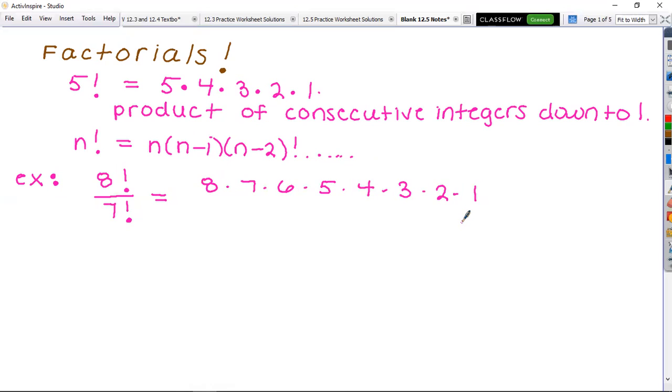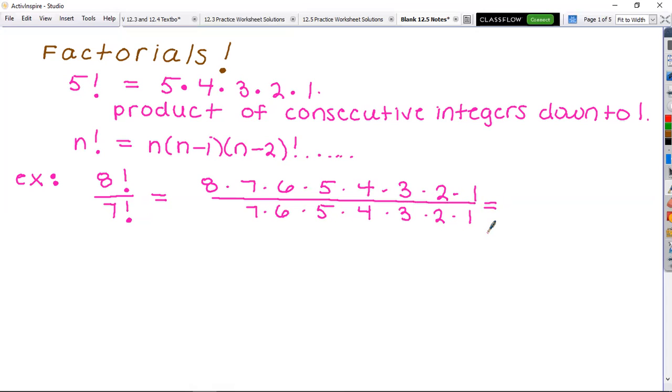Underneath that is 7 factorial, which is 7 times 6 times 5 times 4 times 3 times 2 times 1. The only thing that's different between these is just the 8.